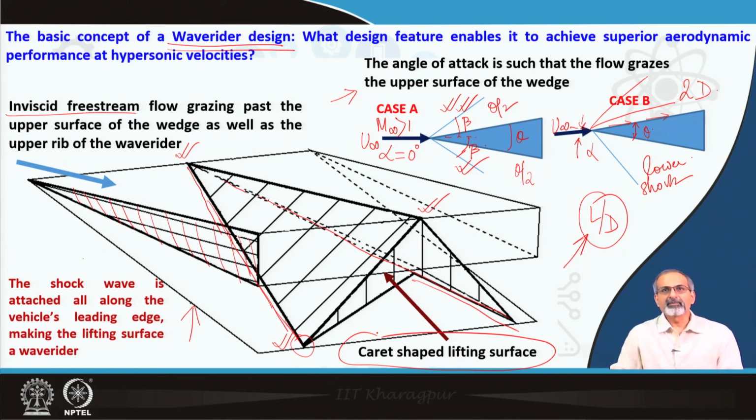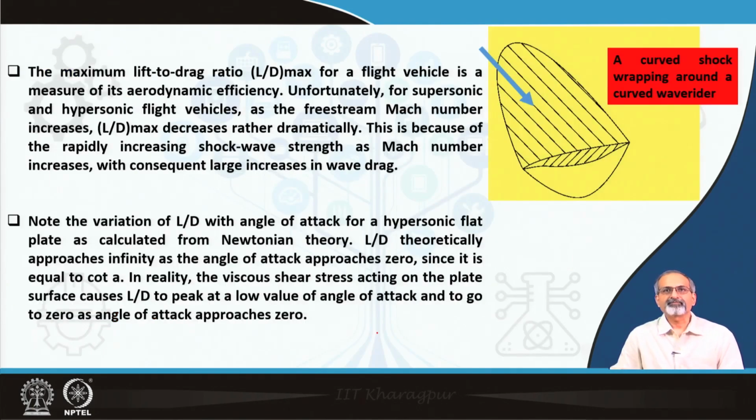So, this concept helps us understand how vehicle shapes can be designed in a manner that they ride a shock wave, and then you can have a curved shock wave wrapping around a curved wave rider body. So, this is a curved wave rider.